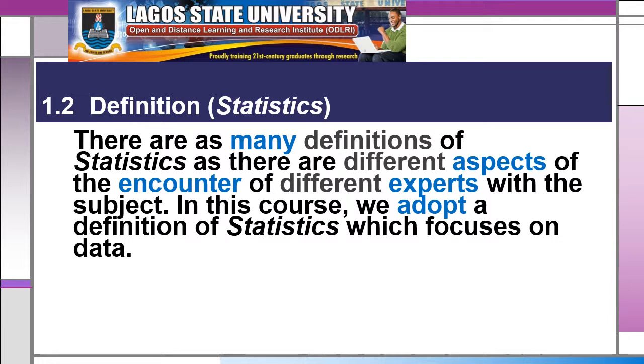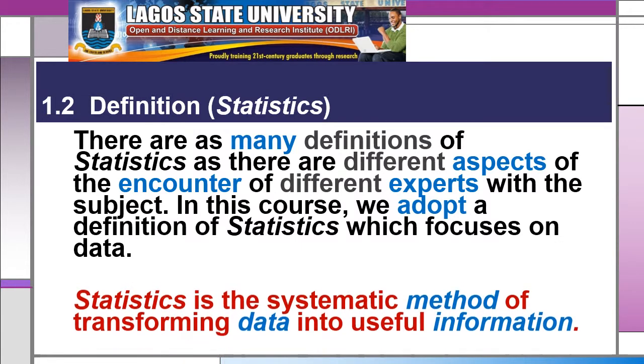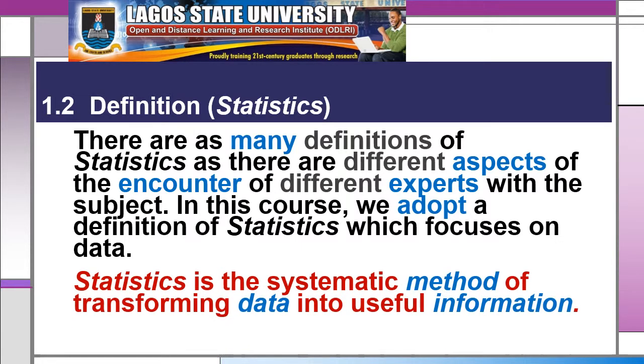Some other definition would say statistics is the science and art of understanding data. But for our own course, we want to adopt the definition of statistics which focuses on data. And in this case, we define statistics as the systematic method of transforming data into useful information.